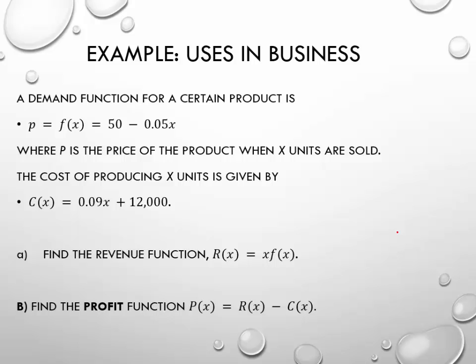Find the revenue function, where the revenue function is R of x equals x times f of x. Okay, that would be x times 50 minus 0.05x. And so basically we get 50x minus 0.05x squared.